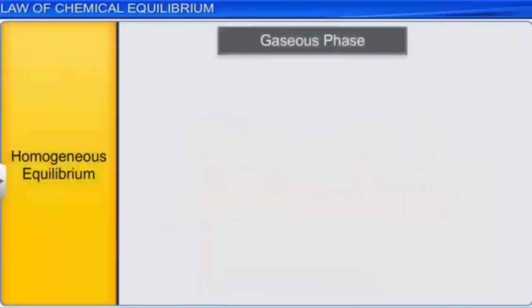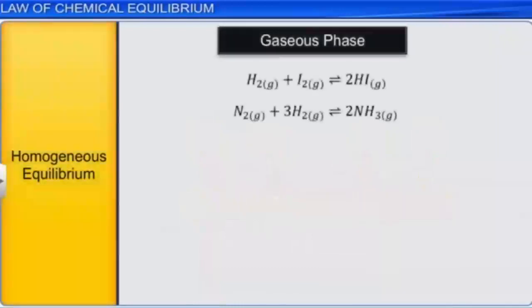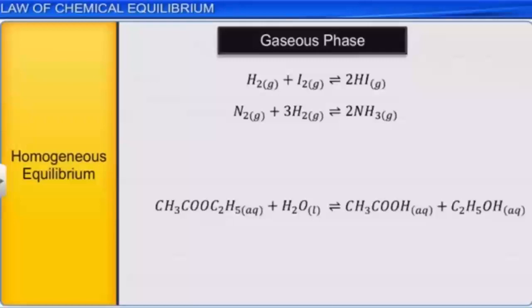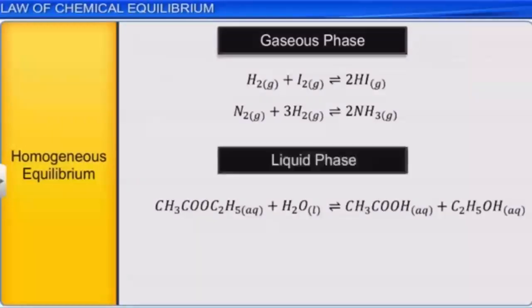Examples of homogeneous equilibrium include the reaction between hydrogen and iodine to form hydrogen iodide, the reaction between nitrogen and hydrogen to form ammonia, the hydrolysis of ethyl acetate to acetic acid and ethyl alcohol. This example represents homogeneous equilibrium in the liquid phase.